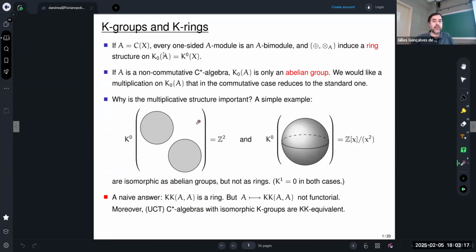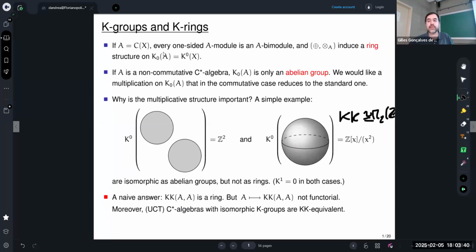But first of all, you can compute it, for example, in the case of the sphere, and you don't get what you would like. In the commutative case, this is not the ring K0. For the sphere, for example, this ring is just 2 times 2 integer matrices.